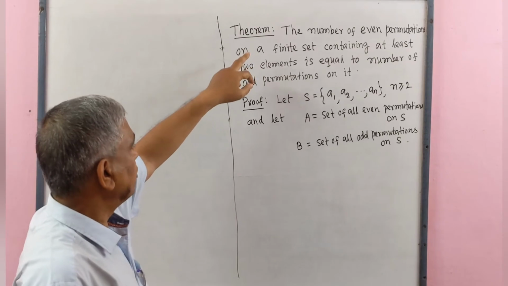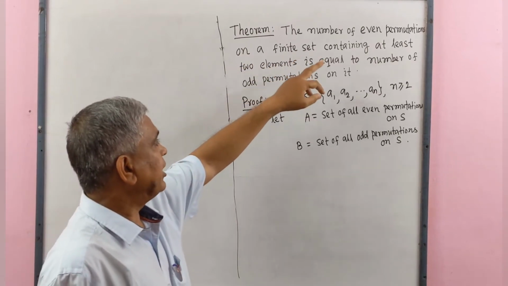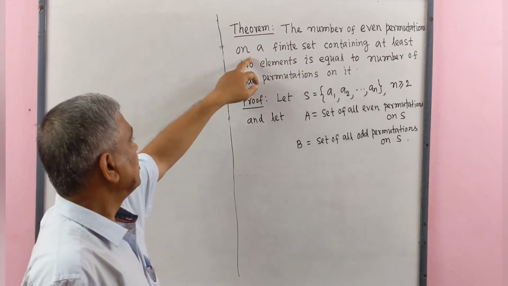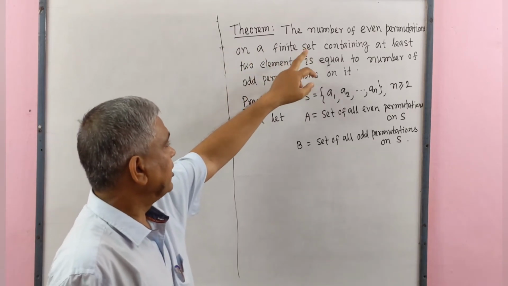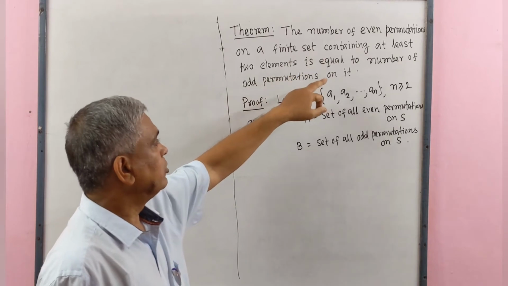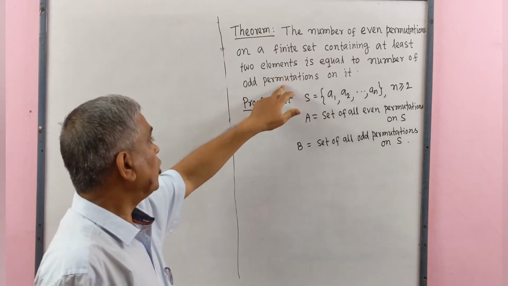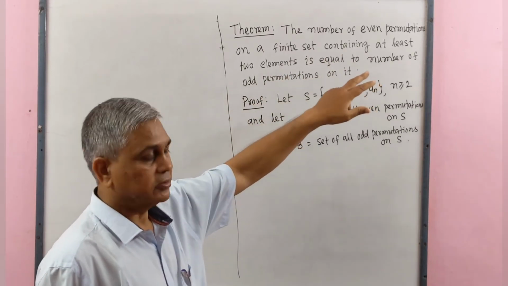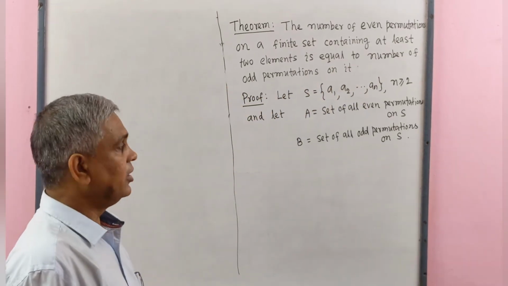Now we prove a theorem. The number of even permutations on a finite set containing at least two elements is equal to the number of odd permutations on it. Now we prove this.